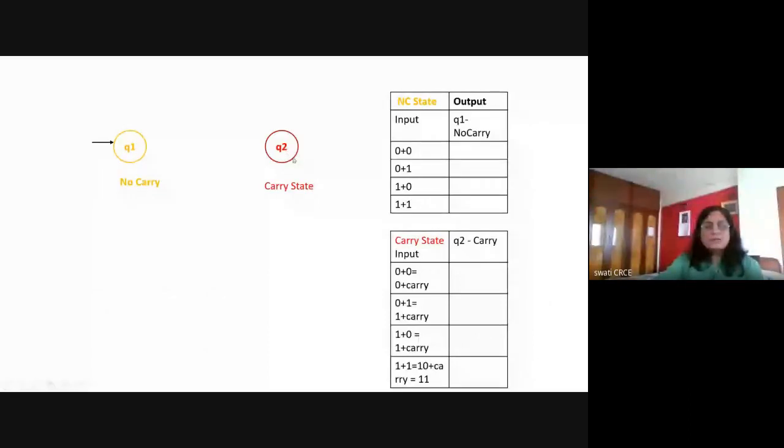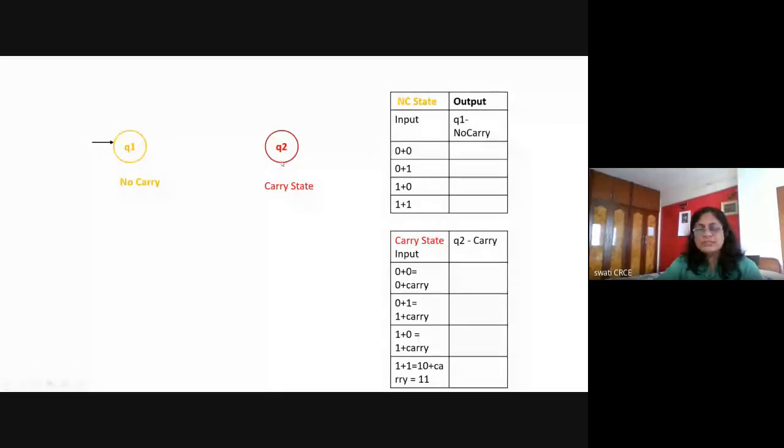Any doubt in this? Whenever you are drawing the transition diagram, you assume the machine is in the no carry state and some input is received. What kind of input can the machine receive? It can be 0 0, 0 1, 1 0, or 1 1, and you have to do the addition of that. First do that. Then you shift your focus to the other state, the carry state.